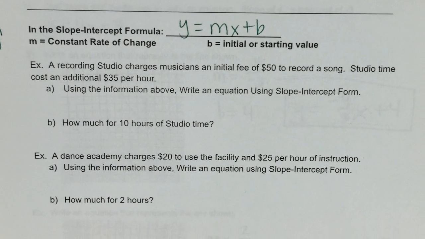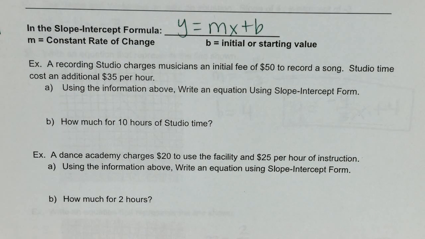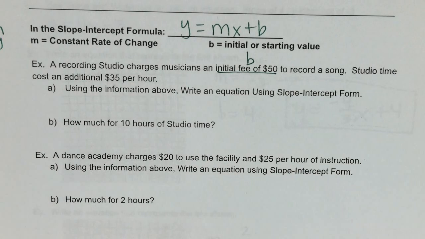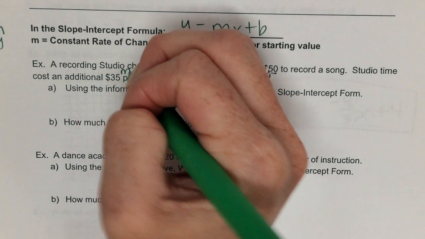All right, so we're going to read the word problem, we're going to write an equation, and then we're going to use the equation to solve a problem, which we already did in chapter 4. It says a recording studio charges musicians an initial fee of $50. So is that the m or the b? That's the b. Studio time costs an additional $35 per hour. That's the m.